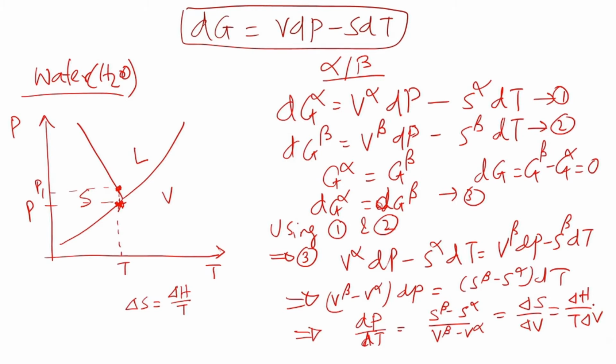So this relationship, let me write down at the top again. This relationship, dP by dT is equal to delta H by T delta V, is known as the Clapeyron equation.